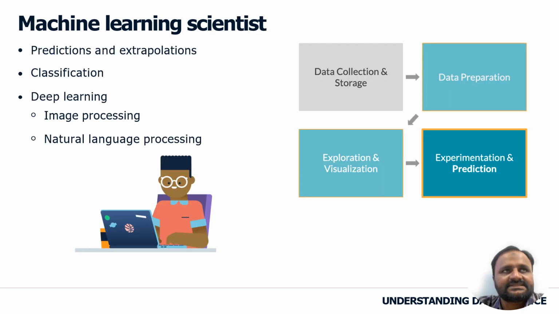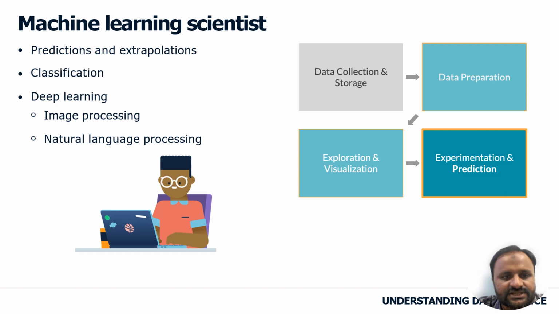Machine learning scientist is the last job role we can discuss. They are similar to data scientists, but with machine learning specialization. Machine learning is perhaps the busiest part of data science. It is used to explore what's likely to be true from what we already know.